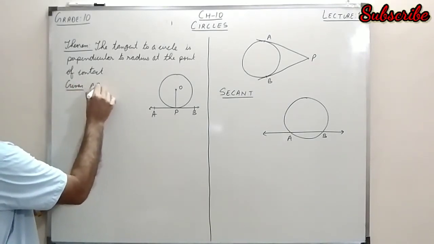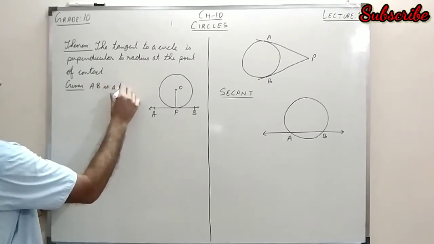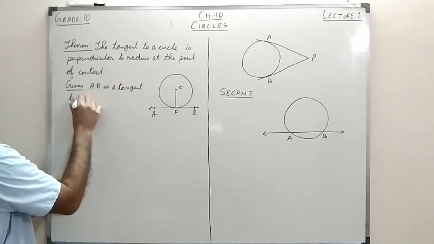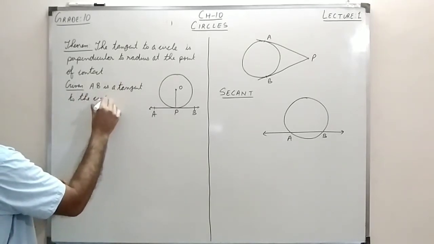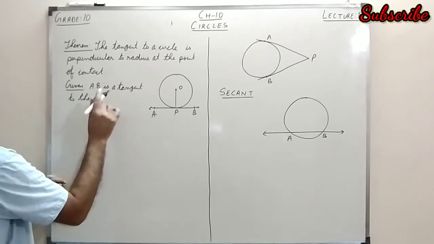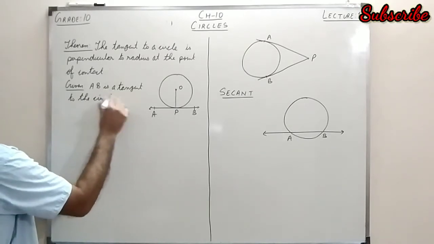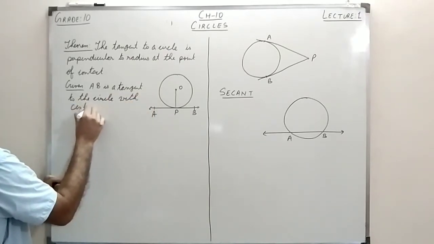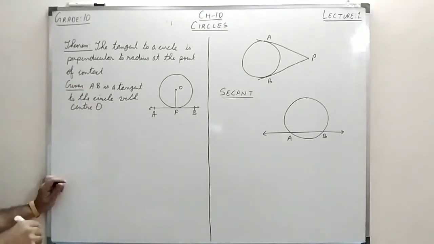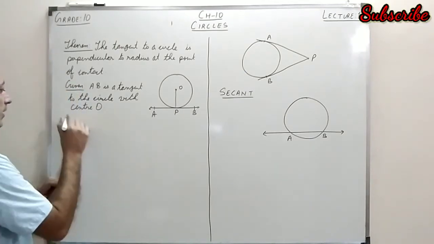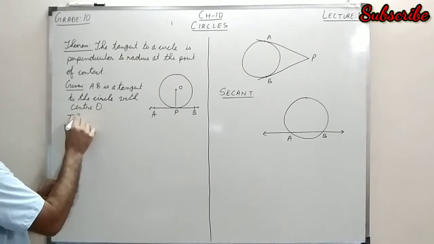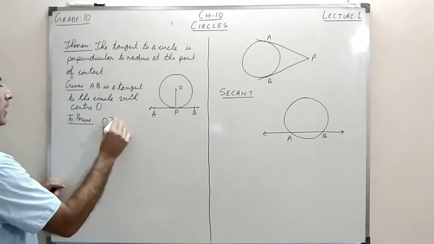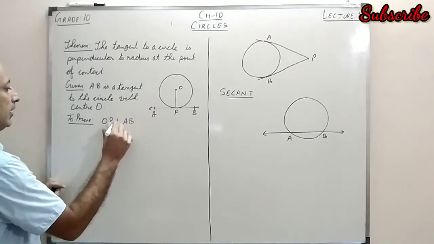That AB is a tangent to the circle with center O, and obviously OP is the radius. What we have to prove here is that OP is perpendicular to AB.